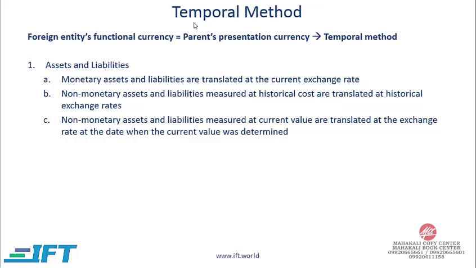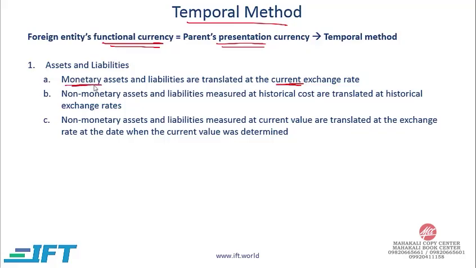Next, we come to the temporal method, which is a little more complicated. We use this method when the foreign currency's functional currency is the same as the parent's presentation currency. With assets and liabilities, here is the procedure that we use. Monetary assets and liabilities are translated at the current exchange rate.